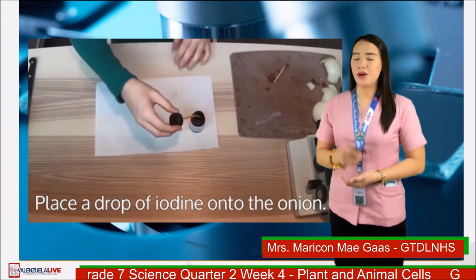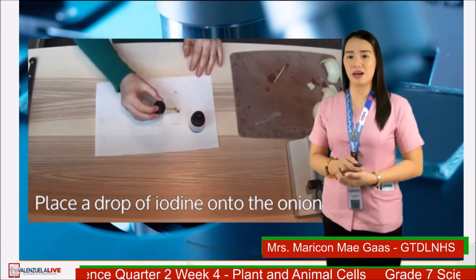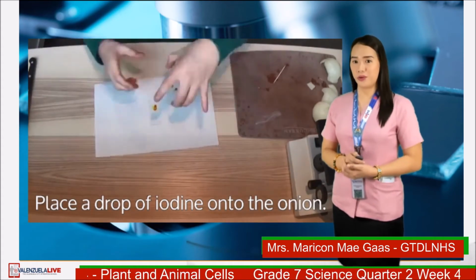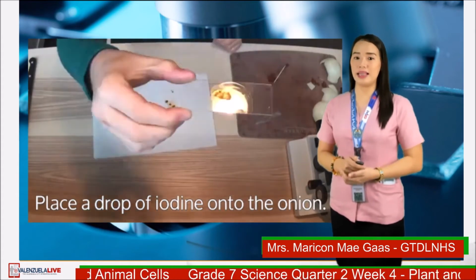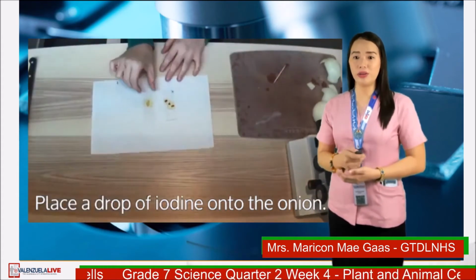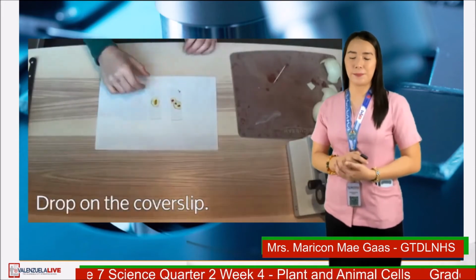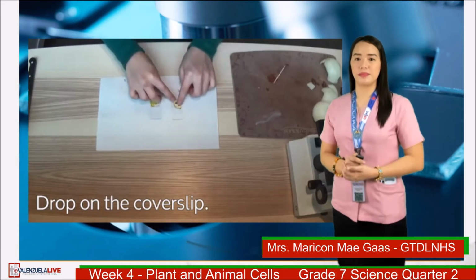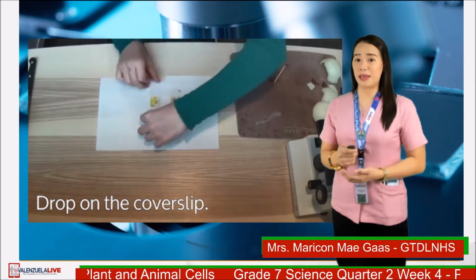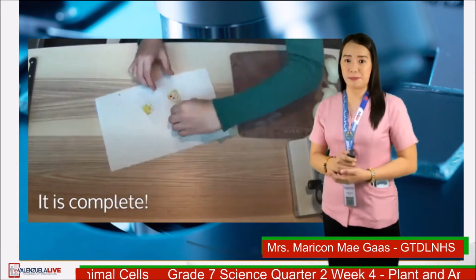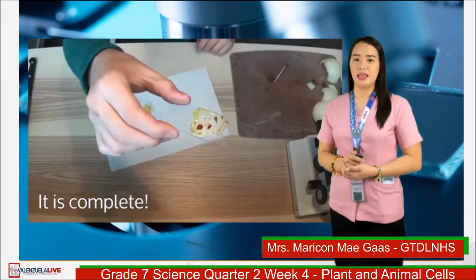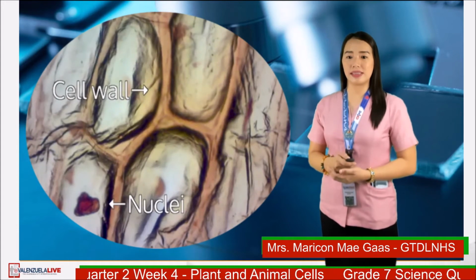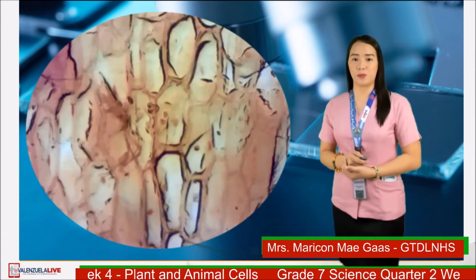And now, you put a small drop of iodine solution onto the onion. This will help us see the onion cell clearly. Cover now the specimen with the cover slip. Now, our onion specimen is complete and ready to examine under the microscope.